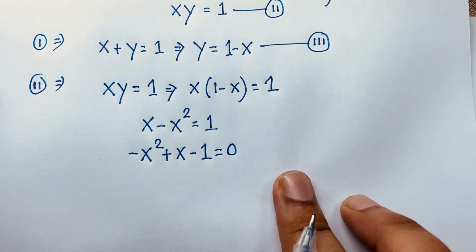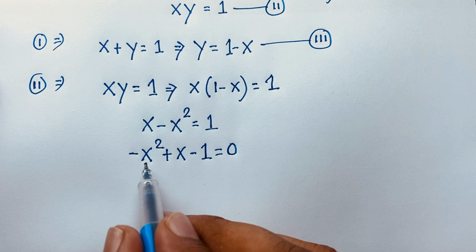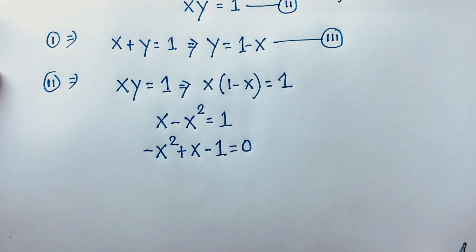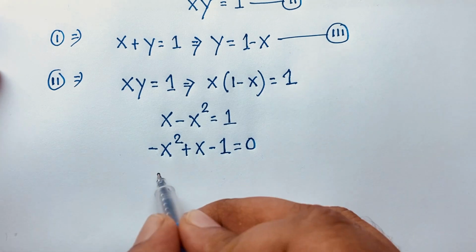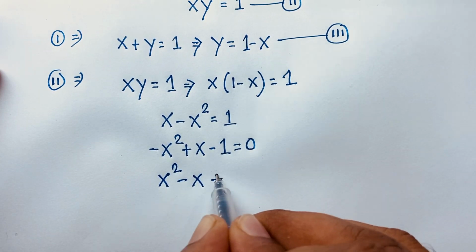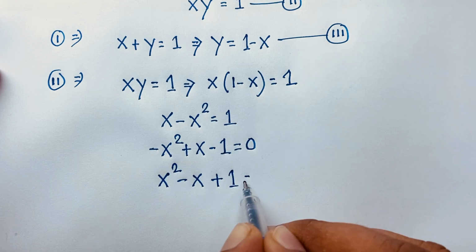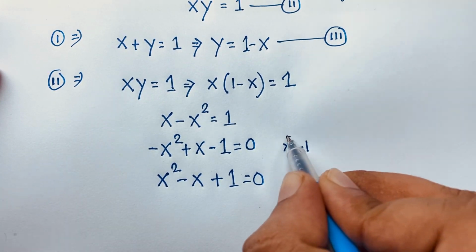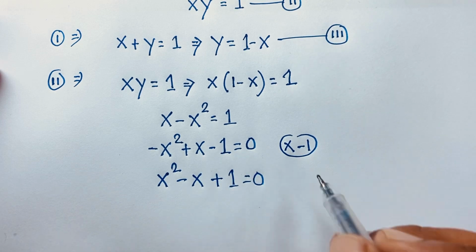Now you can see easily here minus x squared, so I take negative 1 common on both sides. If I multiply both sides by negative 1, it will be positive x squared minus x plus 1 is equal to 0. I multiply both sides by negative 1 in this equation.